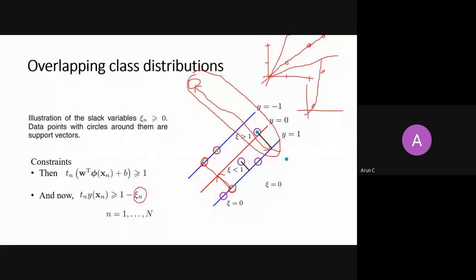Now can anybody tell me what should be the objective of my optimization problem in this slackness aspect? Should I maximize my sum of slackness, or minimize my sum of slackness? Let's say for every variable this is a sum from i equals 1 to n. Should it go down or up?